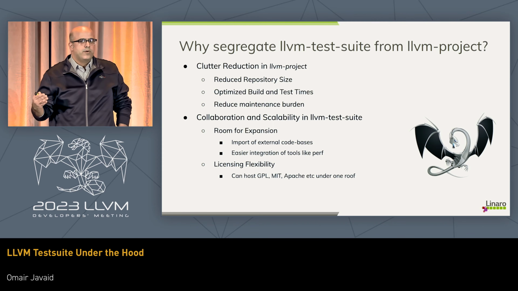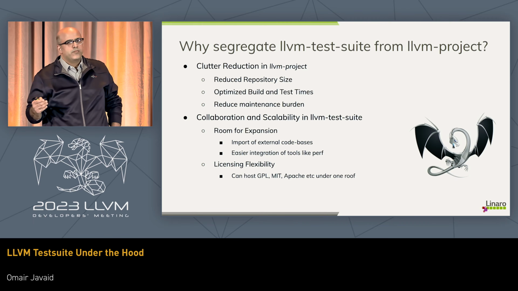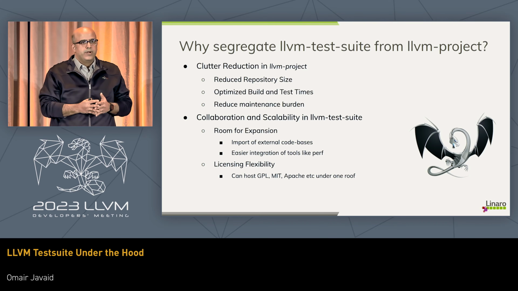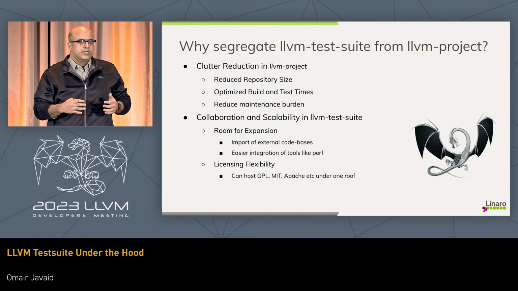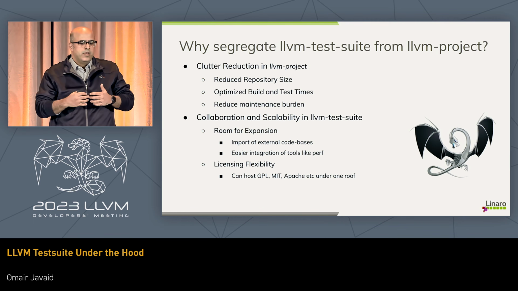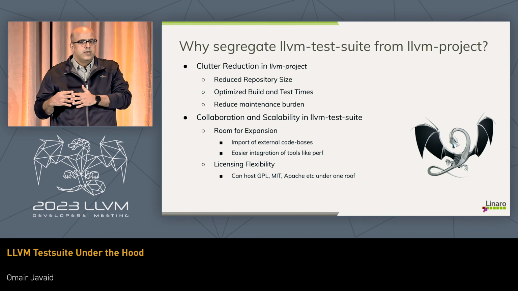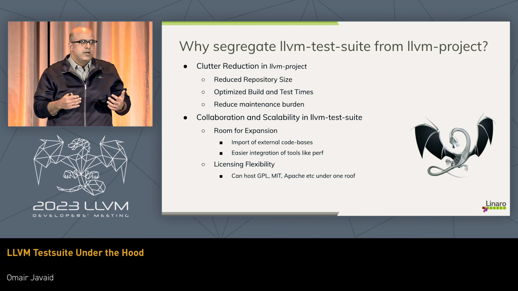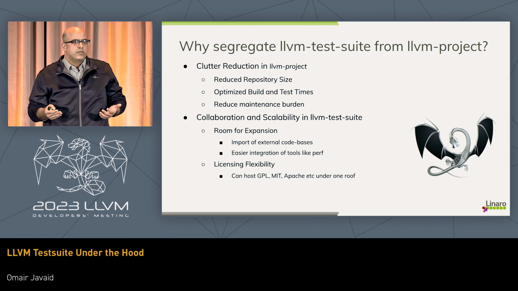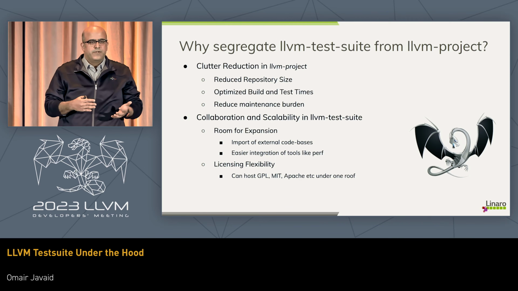More projects from real-world applications would be able to get into this, and we can test them over time. We can change the CMake build system specifically for this resource, and we don't have to worry about the rest of the LLVM project, like if we are going to do something different with regards to how we are configuring these projects, or how we are running the tests, like for example, running the tests under perf, or running the tests under a utility that can time those tests for execution or runtime.